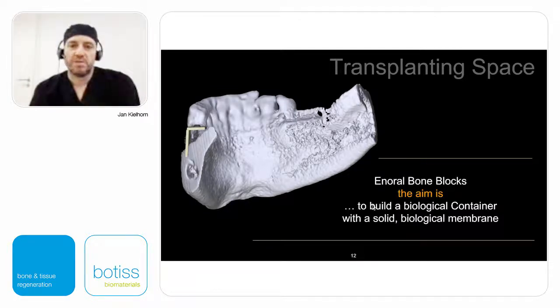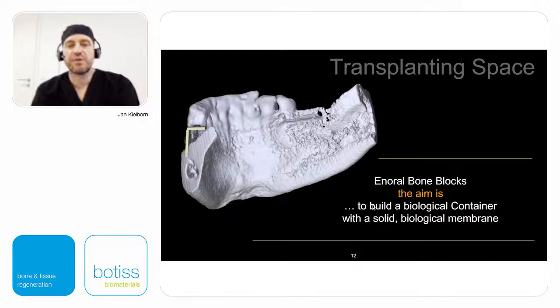So we see that, of course, Khoury showed us that you have to build up a space. We're transplanting space, so you have to build a biological container which consists of cortical bone to copy the nature principle, and inside you will fill it with a particular material. Of course, you could use autogenous bone, or you could also use allograft particles.